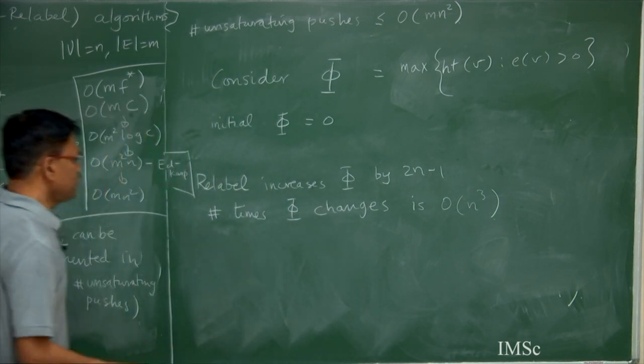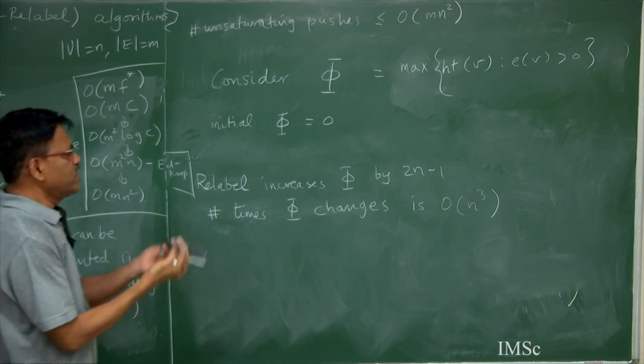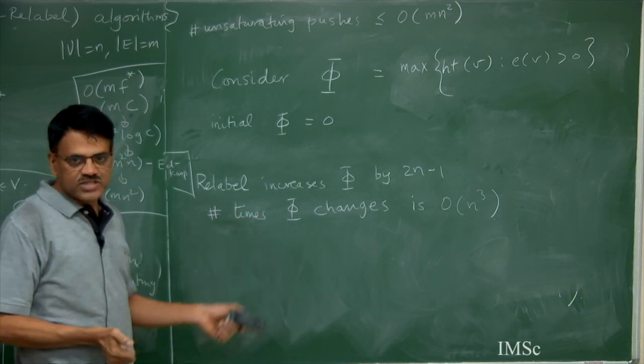Very similar argument, because the number of relabel operations is n squared, and each relabel operation can increase it by some n, and the other operations are only decreasing it, so there cannot be too many of them.